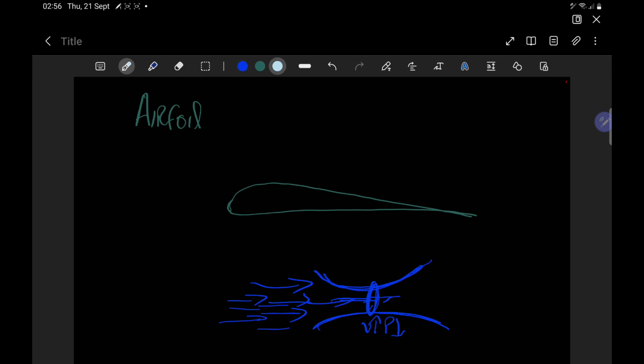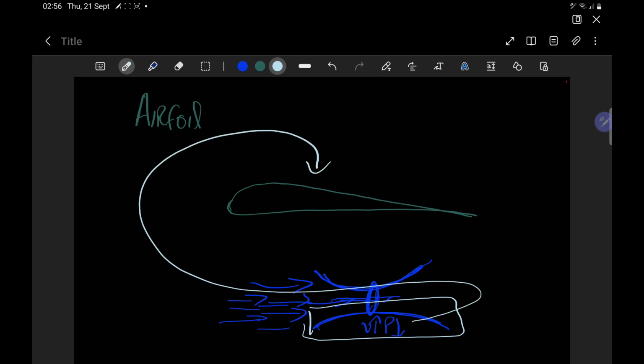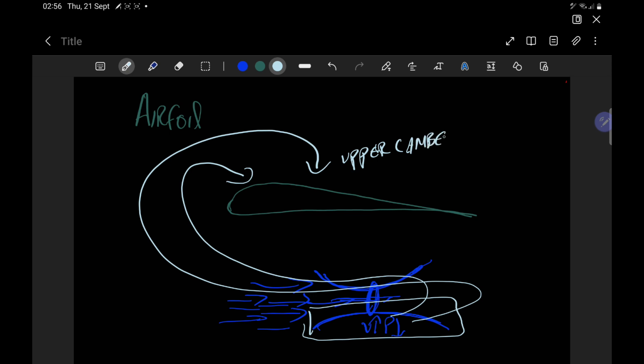So if we carefully observe this area of the throat, we can link it with the camber of the wing. We can directly see the same design characteristics on top of the wing. So the upper camber is providing us with the throat effect.